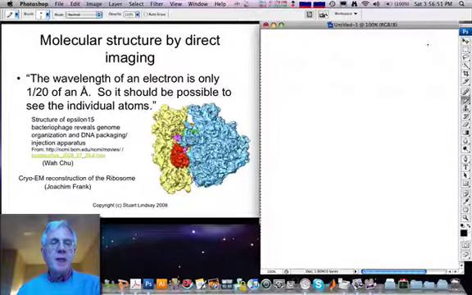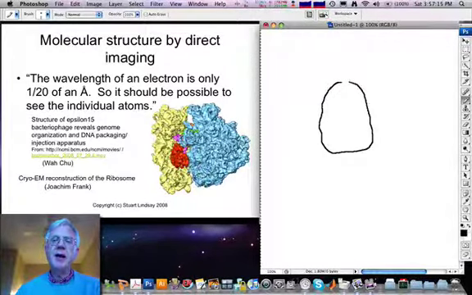The false color structure you're looking at is one section through a three-dimensional structure solved for a material called an epsilon 15 bacteriophage. This is a virus that infects and eats bacteria for a living, and this whole thing, remember I told you that the hydrogen atom was half an angstrom or 0.05 nanometers across.